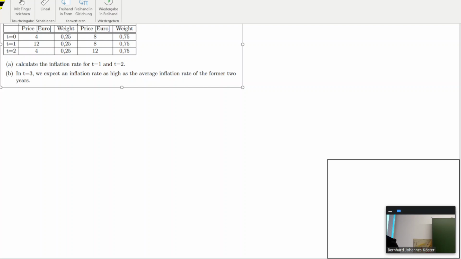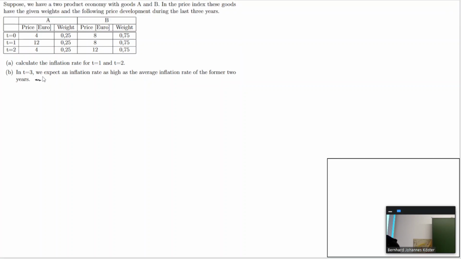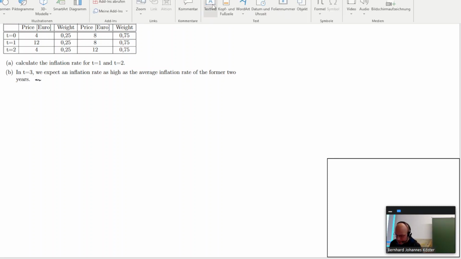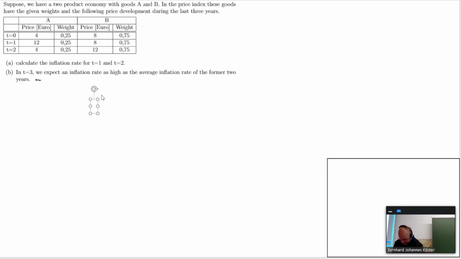Then I just add something here. Assume the real interest rate in t equals 3 is 10%.